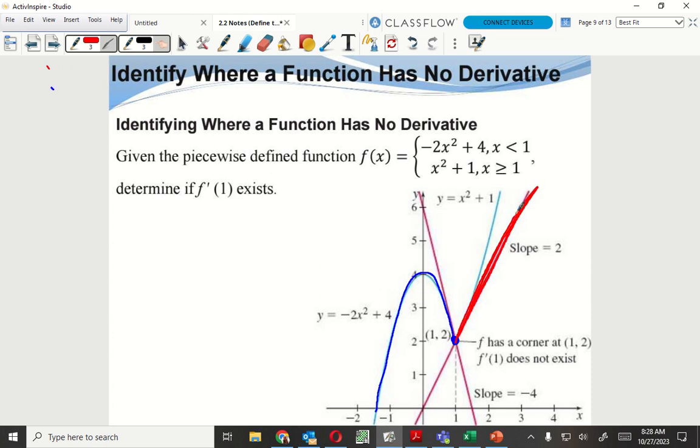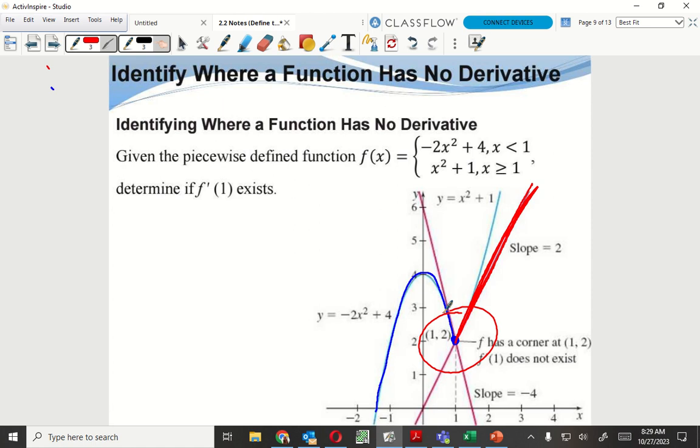They are continuous, right? They are continuous, but because of this, how they meet is important. Can you tell me the slope at that point? The pointy point right there, where they connect.